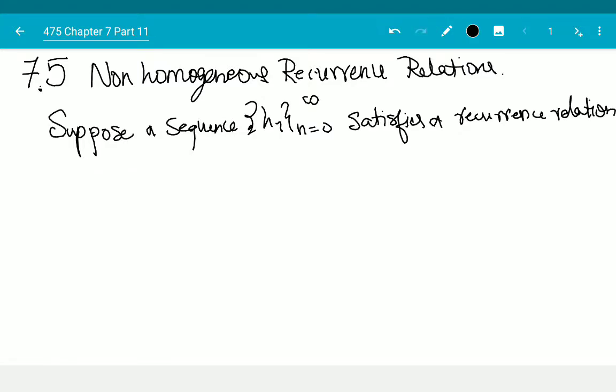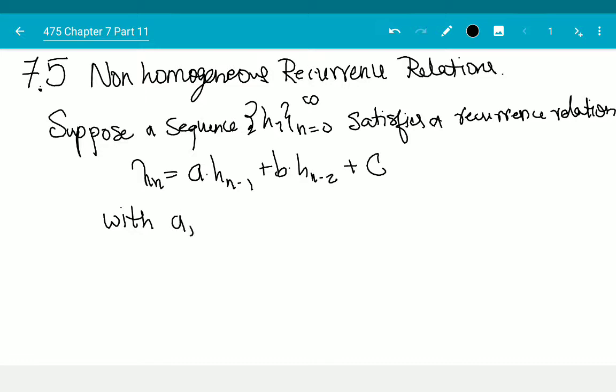A relation which is of the form h_n is equal to a times h_{n-1} plus b times h_{n-2} plus c. You can have more terms, n minus 3, n minus 4, whatever, but something of this form with a and b constant, independent of n, and c might depend on n.